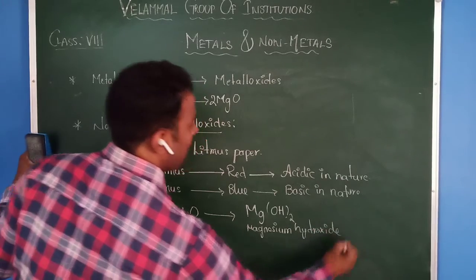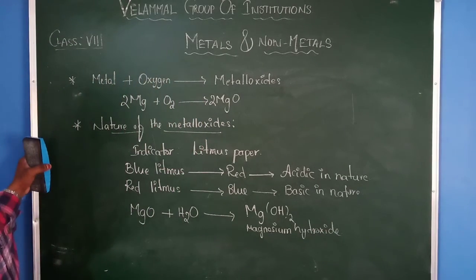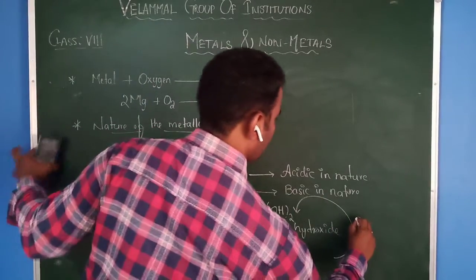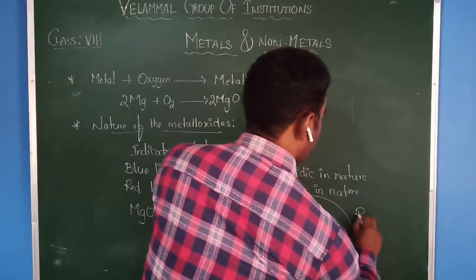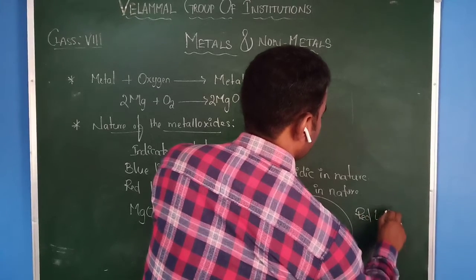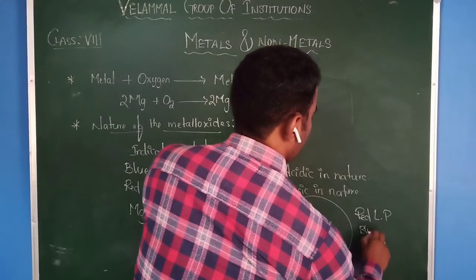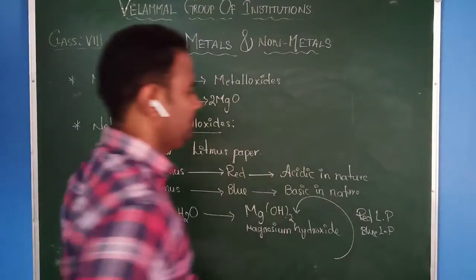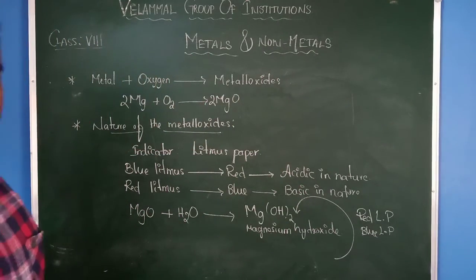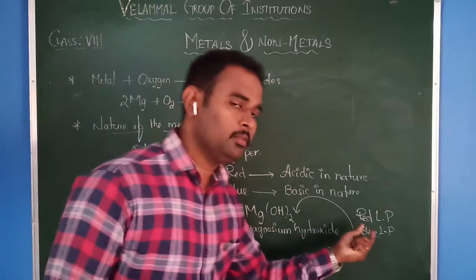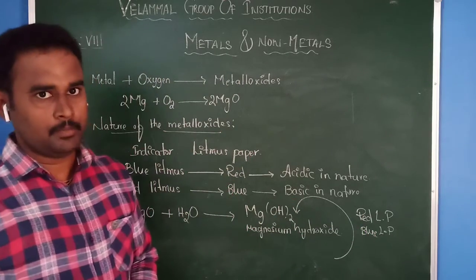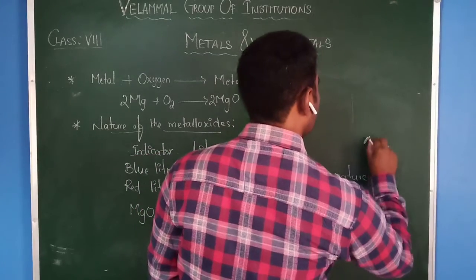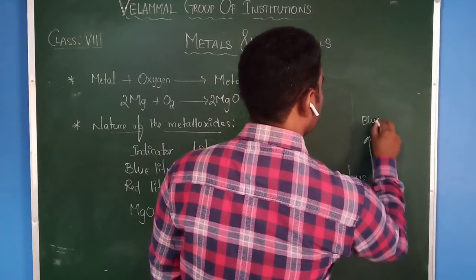In this magnesium hydroxide solution, you just dip red litmus paper and blue litmus paper. When you observe the color of both the litmus papers, the red litmus paper converted into blue.